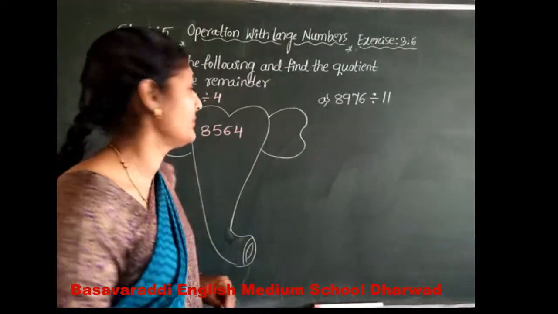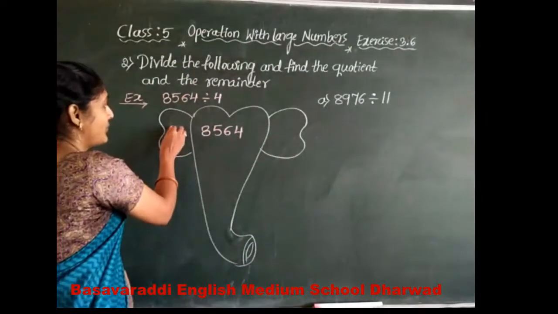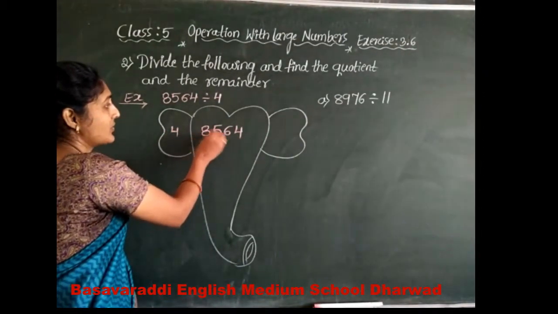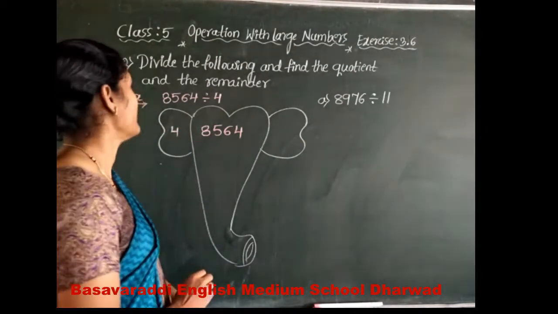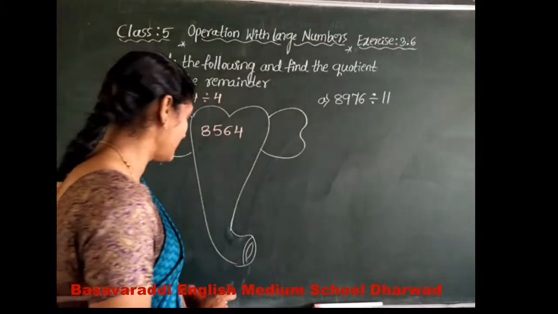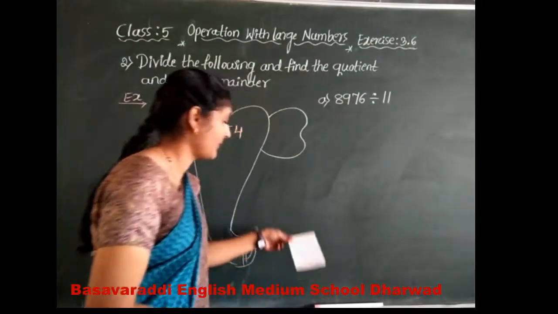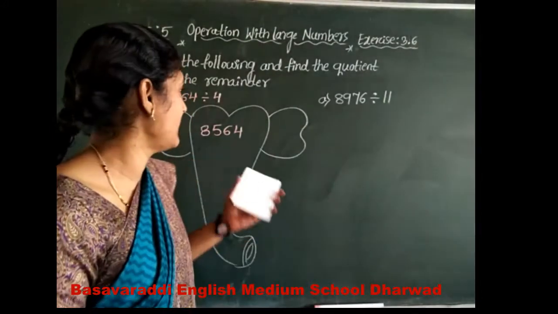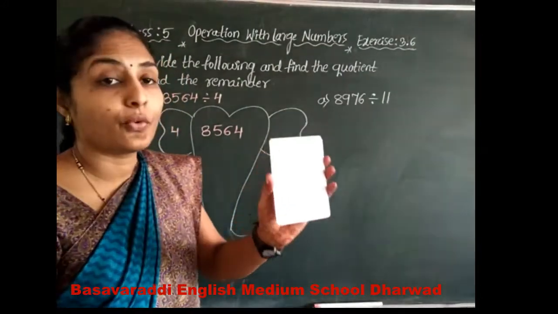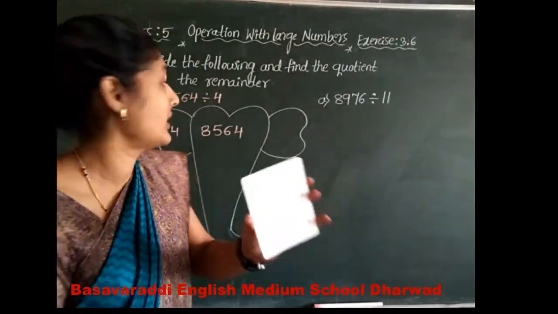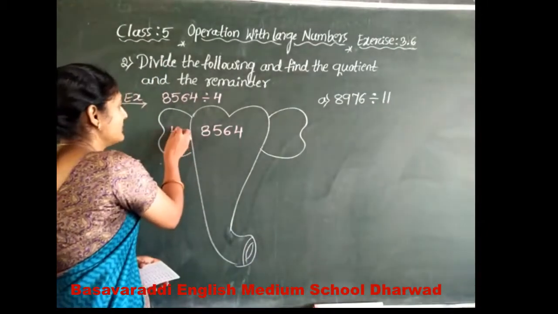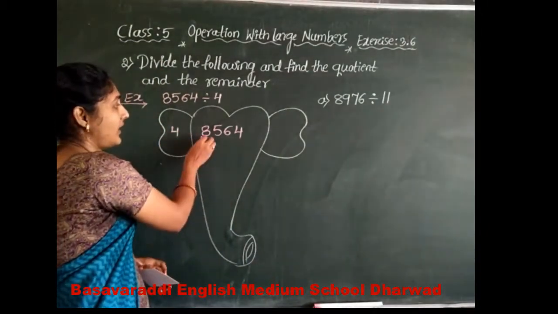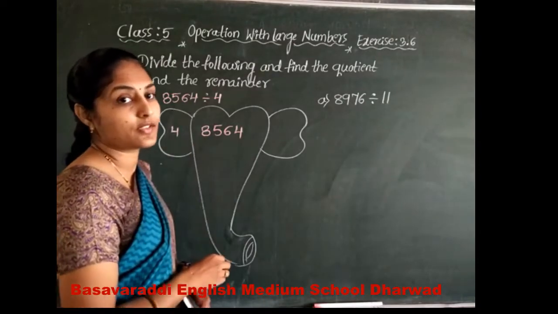Let us do it. The 4 is the divisor and 8564 is the dividend. We know that division is repeated subtraction. So I use the fourth table, where 4 is the divisor and 8564 is the dividend.